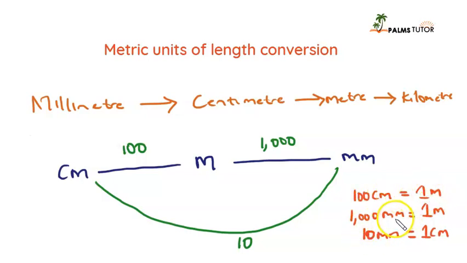Also, since millimeter is smaller than a meter, and milli means thousandth, we know that it is 1,000 times smaller than a meter. Once you understand the meaning of these prefixes, it makes your conversion super easy. I will show you more examples in the second part of this lesson.